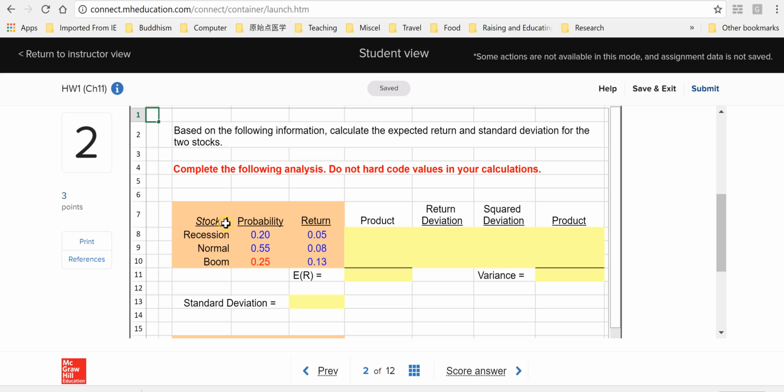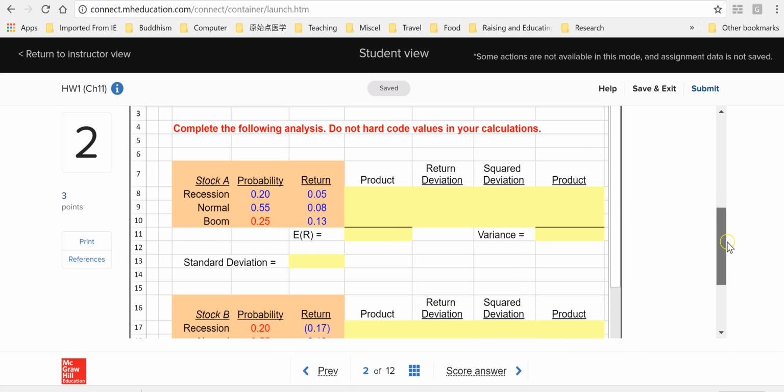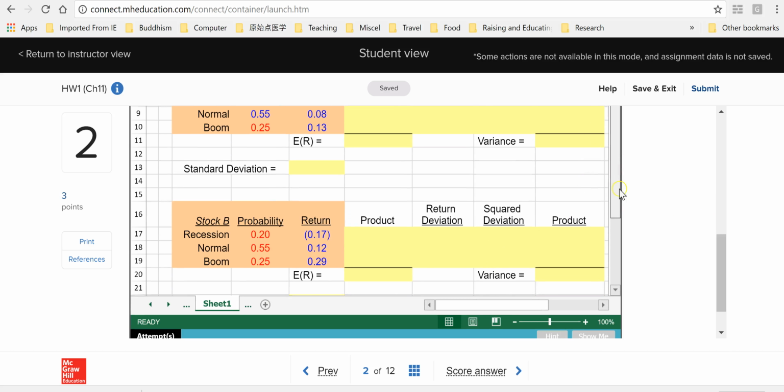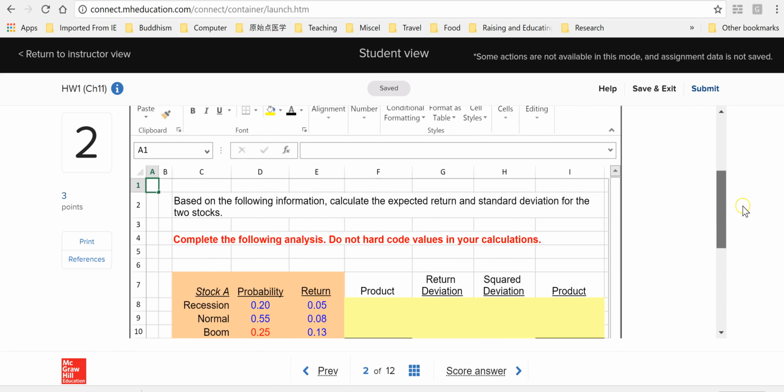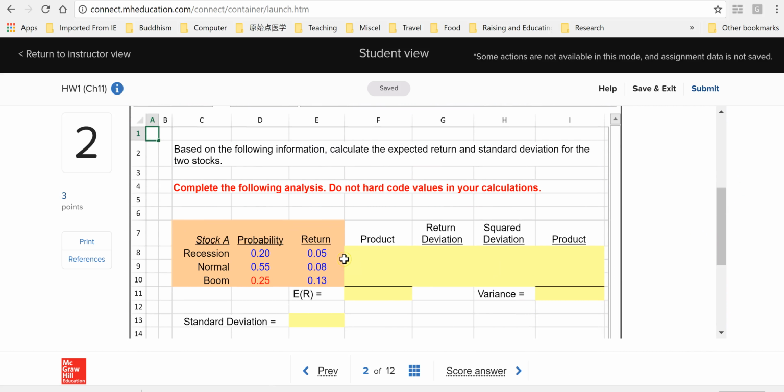So here you have two stocks, stock A and stock B. You're provided with three states: recession, normal, boom. And for each state, you're given the probability and return under that state.